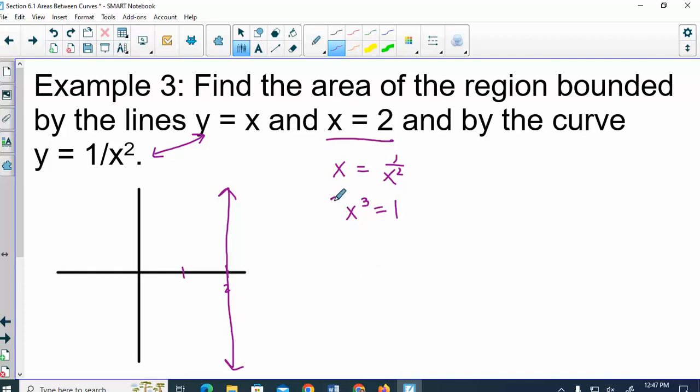Cube root, so x is 1. So I know when I go to integrate this, I'm going to start at 1 and end at 2. You're going from your small number to your big number. We need to get the rest of the graph. Y equals x. What's that? 0, 0, 1, 1, 2, 2.